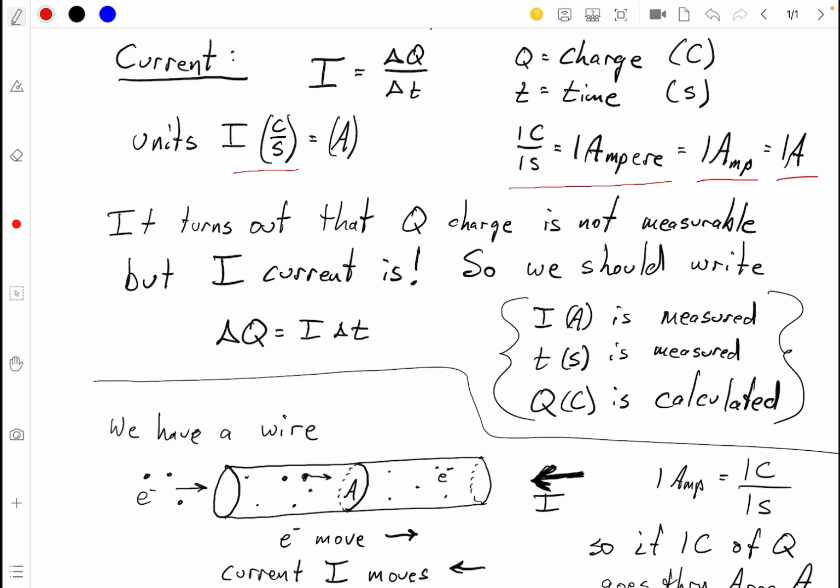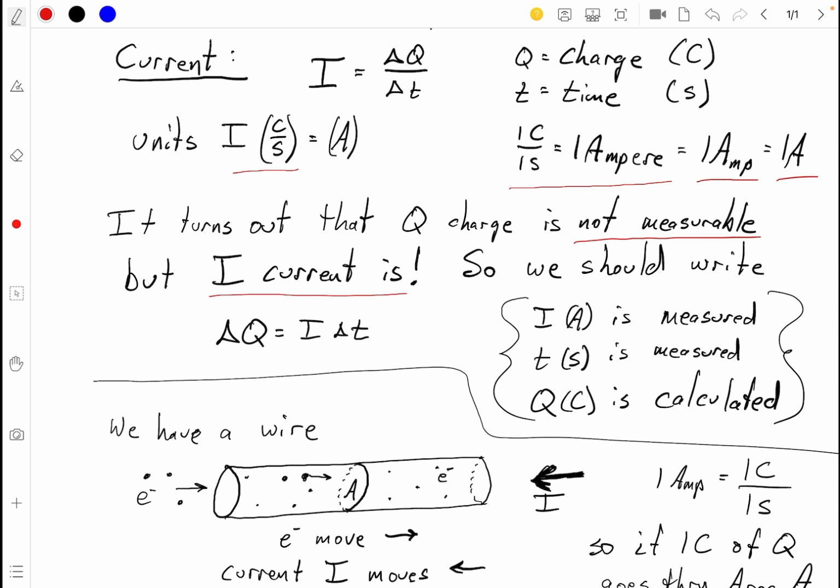Well, it turns out that charge, the Q, is not the measurable thing. What is measurable is current. So we can measure current, and we can measure the time.